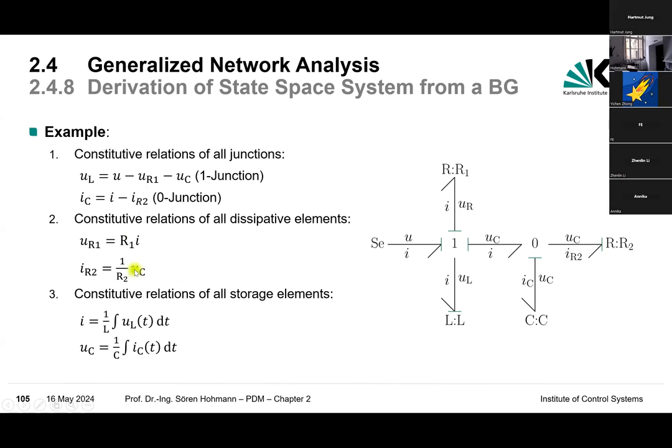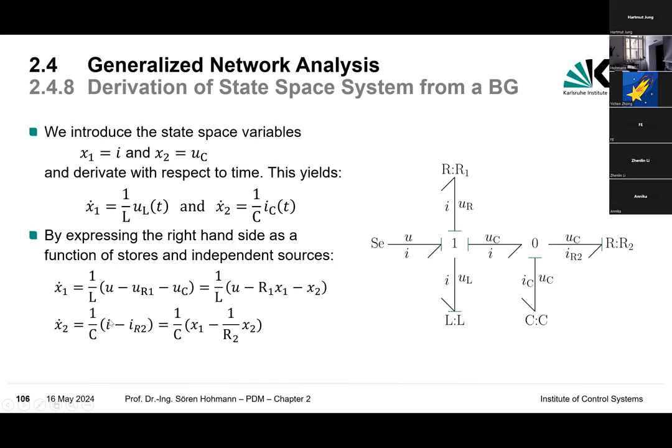Why? Because they also represent algebraic relations. Then the constitutive relation of all storage elements, and with that I associate to everything, introducing the state space variables and the derivative with respect to time of the states. I end up with the state space system. That's it. So it's straightforward, but it's just inserting everything into another.